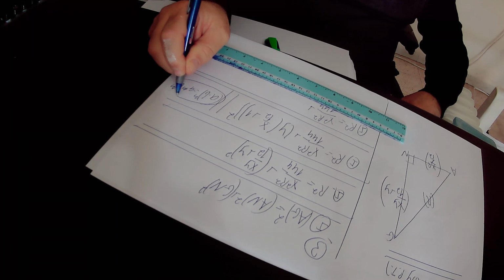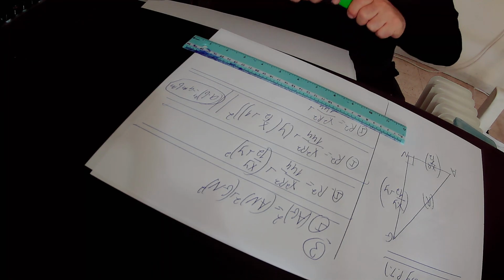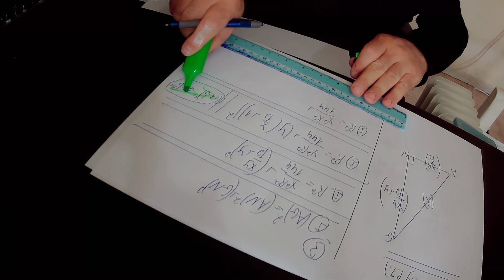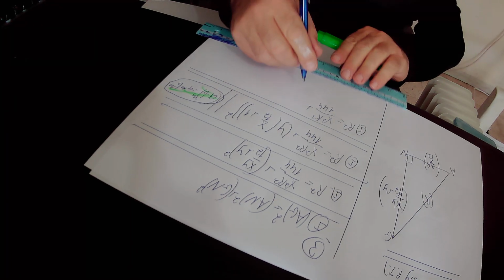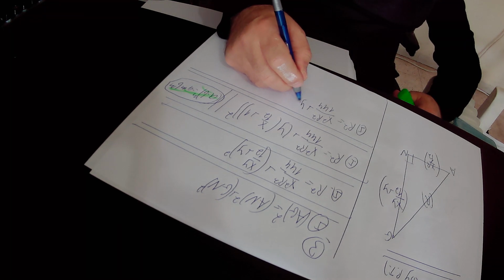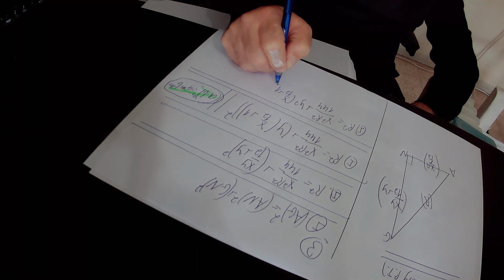According to this identity, (y times (x over 12 plus 1)) squared equals y square times (x over 12 plus 1) squared.